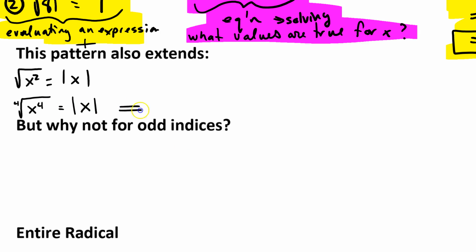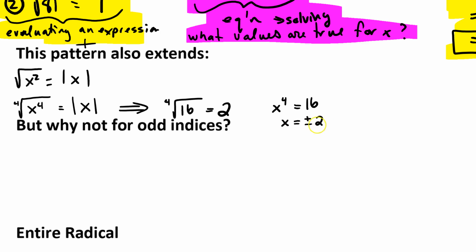So let's pause for a second here. If I were to say the fourth root of 16, so what times what times what times what is 16, and all those what's have to be the same, I would say that is going to be positive 2. Whereas, in contrast to that, if I were to say x to the power of 4 is 16, I would have to say that x is positive or negative 2.